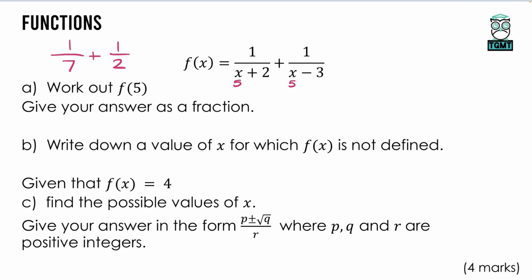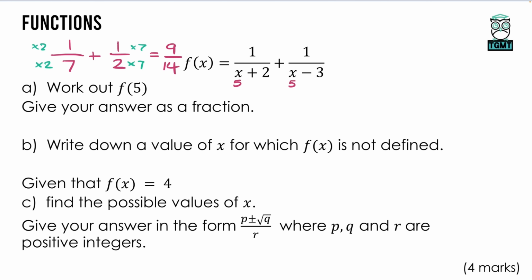So when we are dealing with fractions, we want 14 on the bottom, so timesing the left fraction by 2 and the right fraction by 7. Now, of course, we are doing this as some calculator practice, so we can actually just type this in on the calculator. 1 over 7 plus 1 over 2, typing that in on your calculator gives you 9 over 14. So there we go, our final answer is 9 over 14.